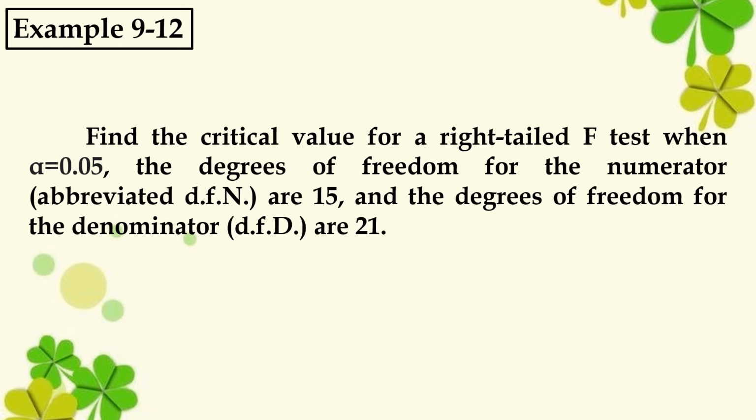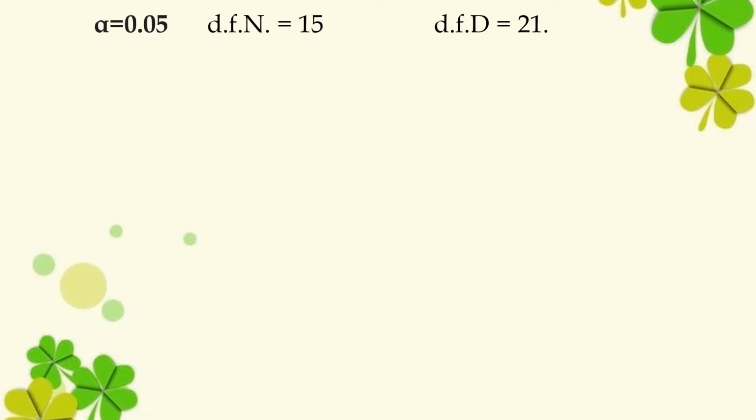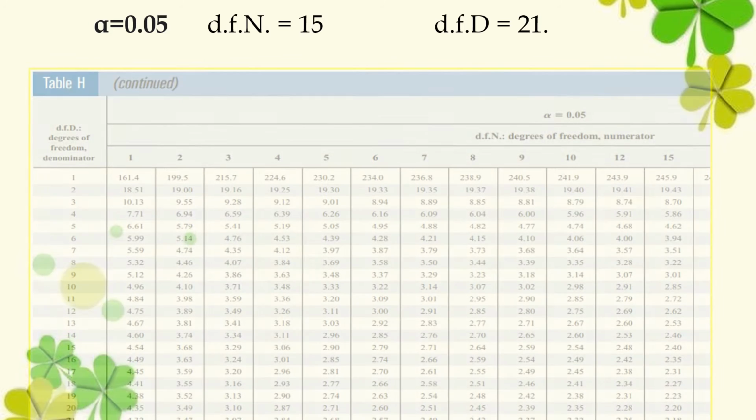Example 9-12. Find the critical value for a right-tailed F-test when alpha is equal to 0.05, the degrees of freedom for the numerator or DFN are 15, and the degrees of freedom for the denominator or DFD are 21. Since this is a right-tailed test, we are just going to use the alpha, which is 0.05, or the 0.05 table.